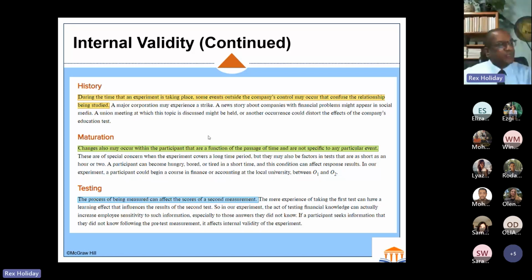Especially, let's say you kept them waiting past their lunch hour, and you're testing a new food product. Well, in some cases, when you're hungry enough, you'll eat anything, right?